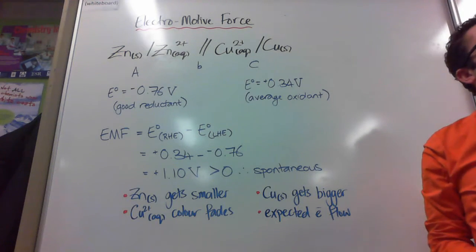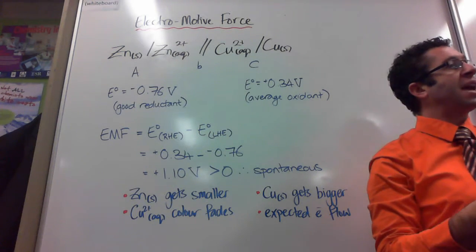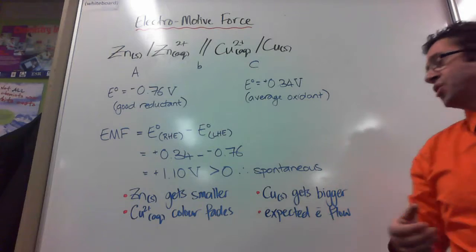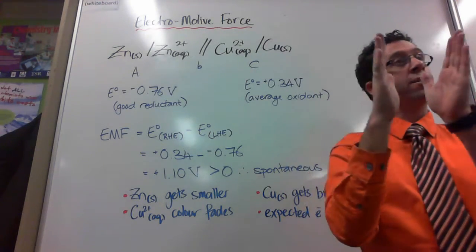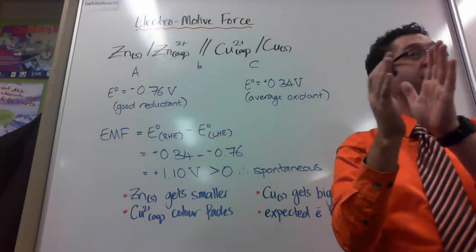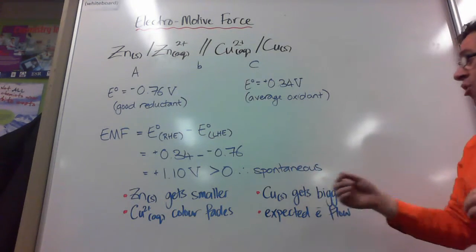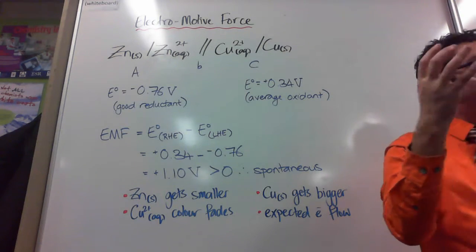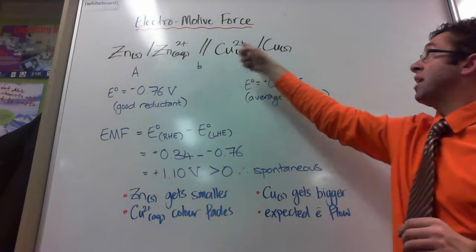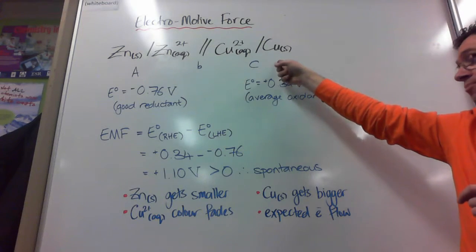When you're assessed on this, you're going to be asked what you would observe. If you had it running for long enough, the zinc would get smaller as it oxidizes, turning into zinc ions. The copper electrode would get fatter and bigger over time as copper ions are deposited as copper metal.